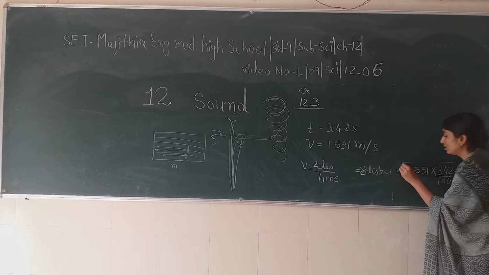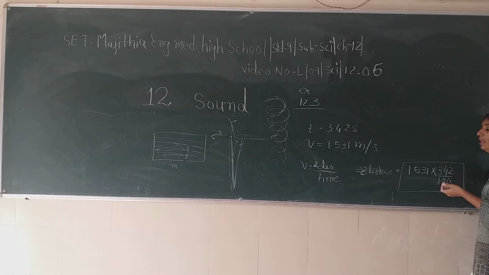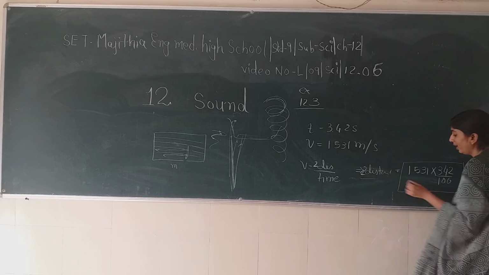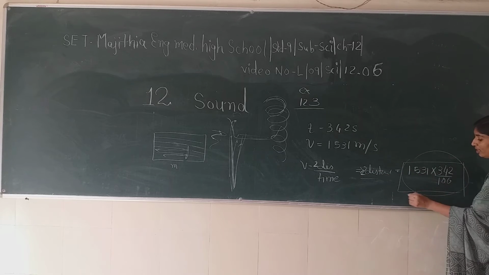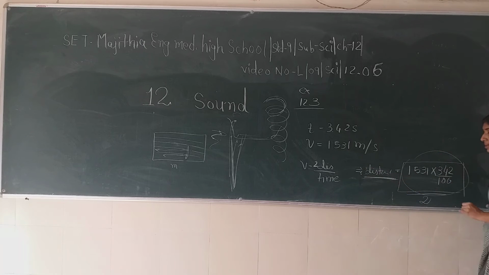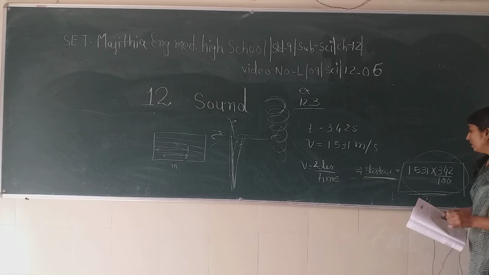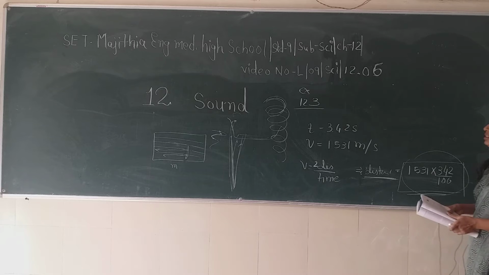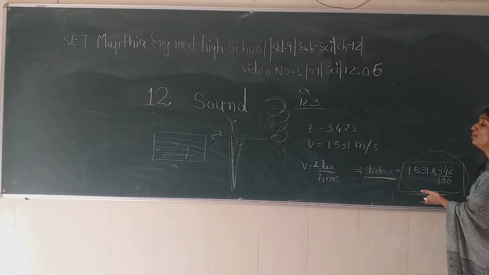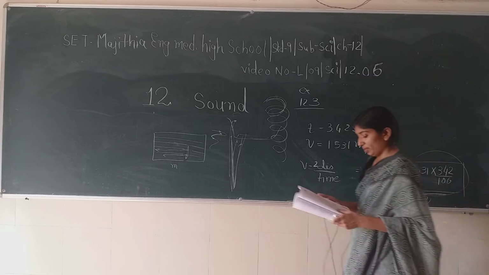So you are just supposed to multiply these two and then divide this whole thing by 2, and then we will get the distance. So that would be the distance travelled by this sound, or the distance of the seabed from the ship.